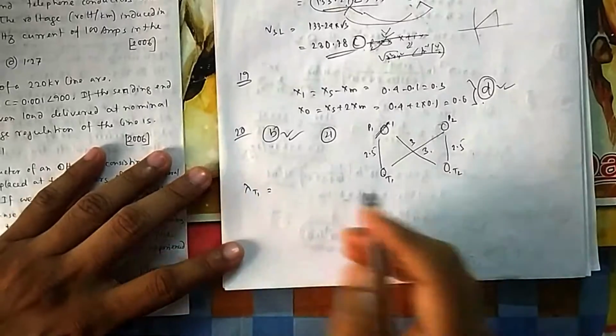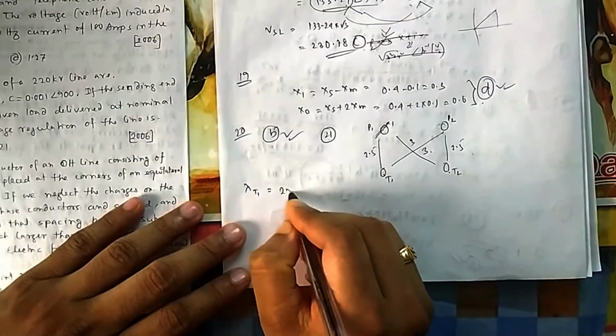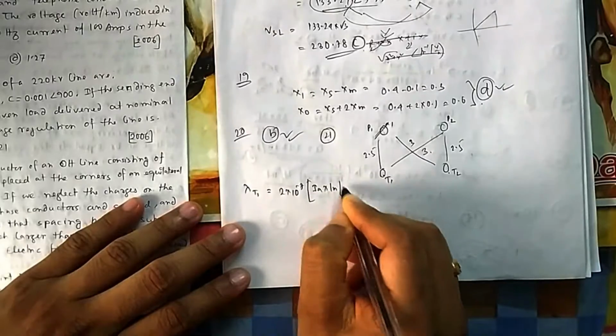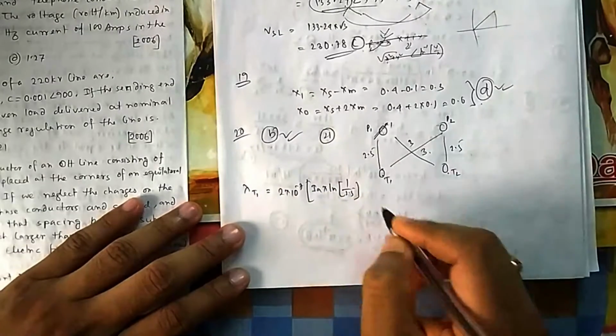You know this is the standard formula for flux linkage: 2 into 10 to the power minus 7. If I take common, it is IA into ln 1 by that distance 2.5.